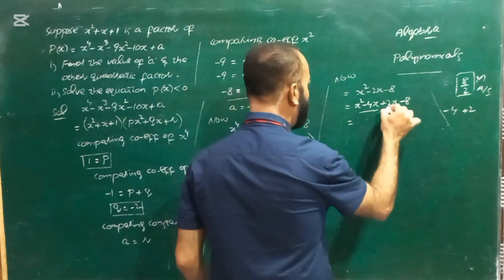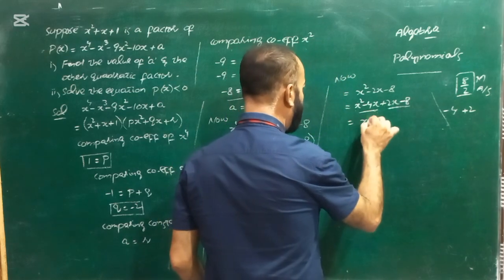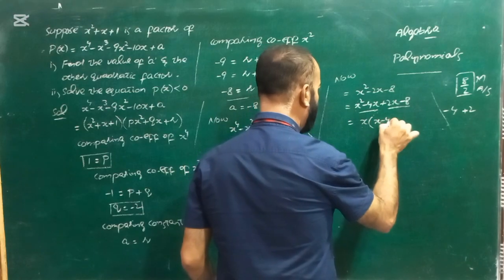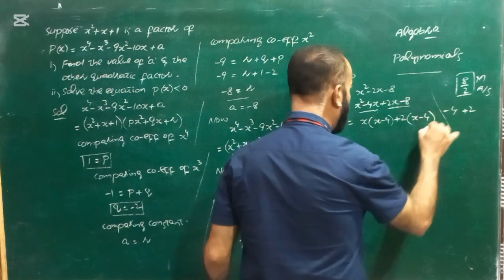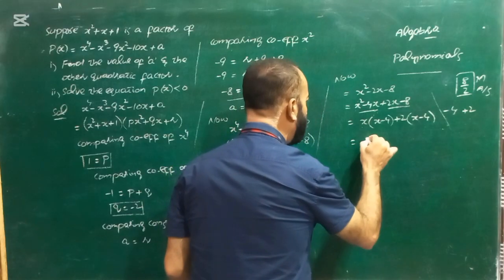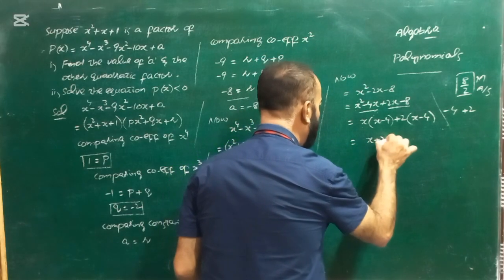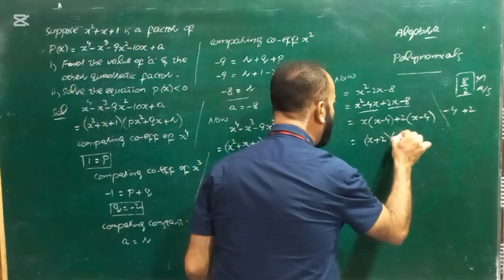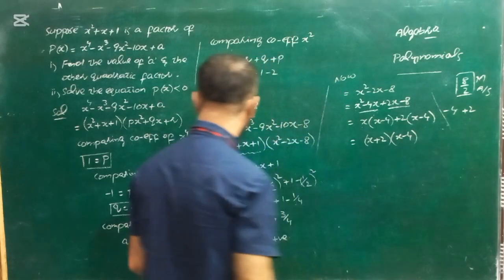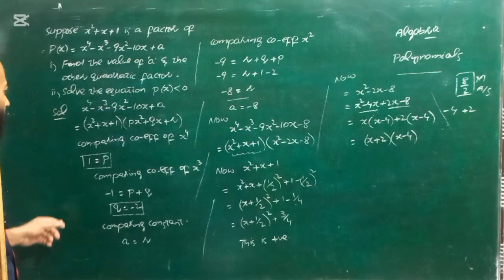Okay, make pairs, take common. So x into x minus 4 plus 2 into x minus 4. So from here, x plus 2 into x minus 4. Okay, look now.